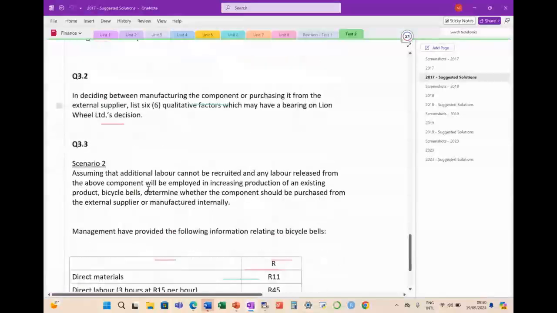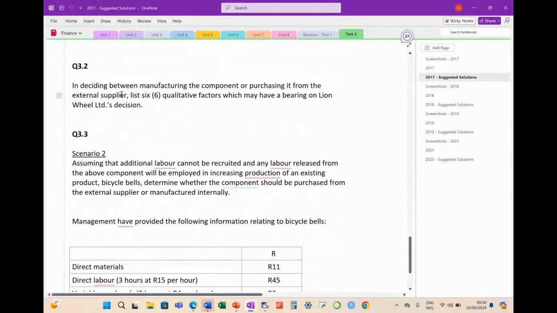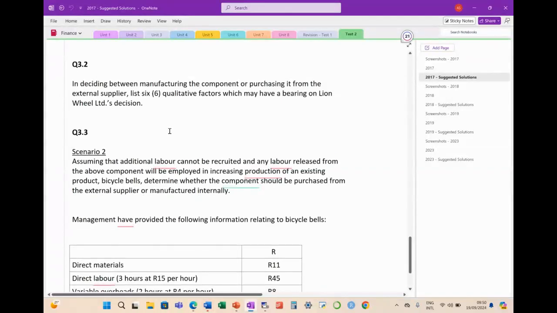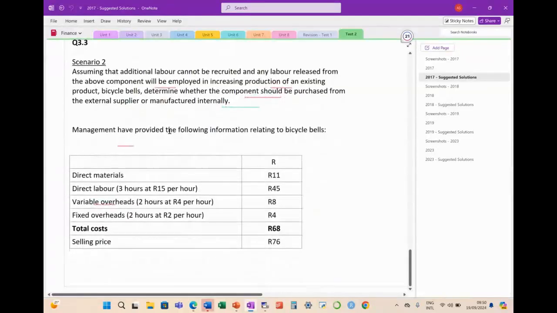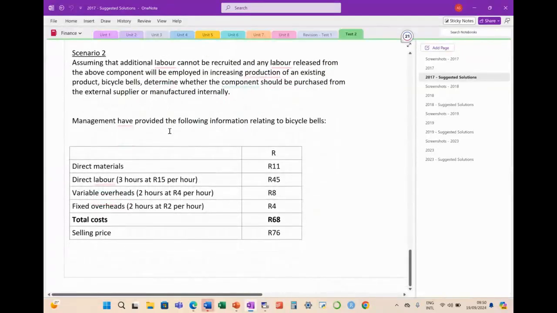Then, okay, we've seen that. And then in deciding between manufacturing the component or purchasing it from the external supplier, list 6 qualitative factors that may have a bearing on the company's decision. So they like that, apparently, that qualitative question.